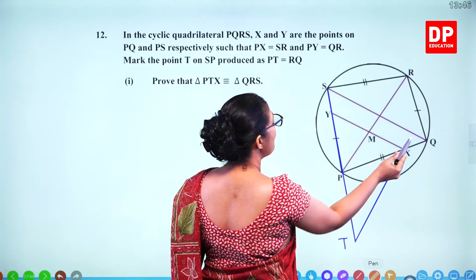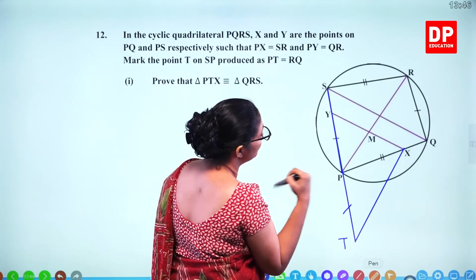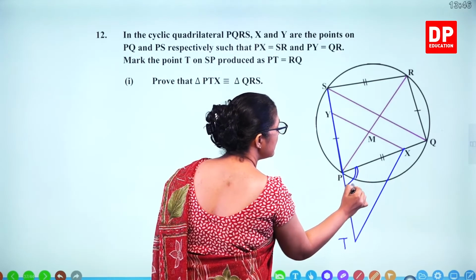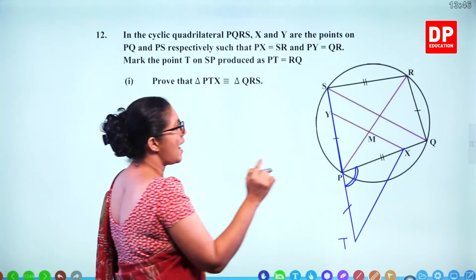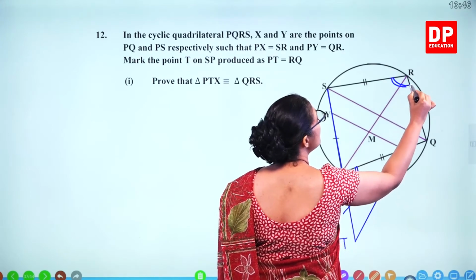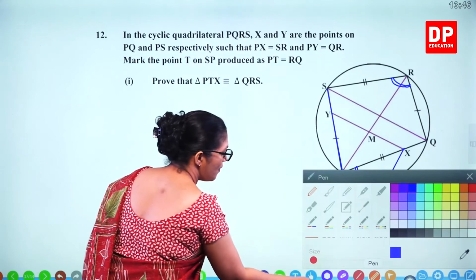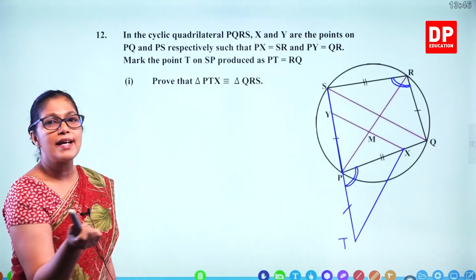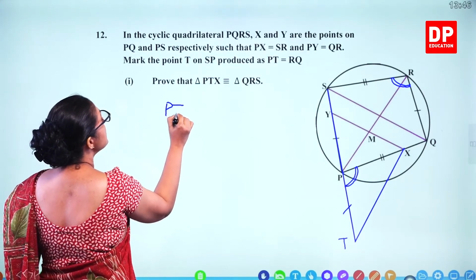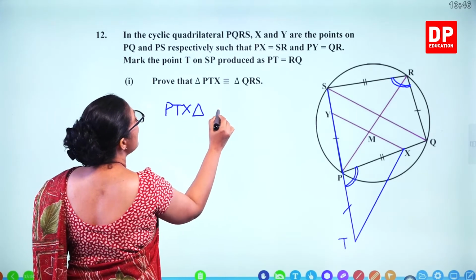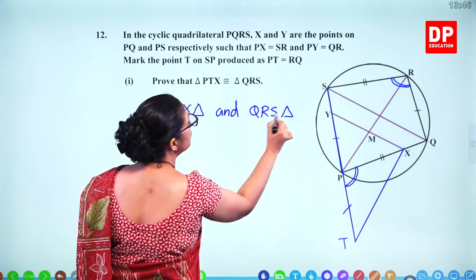Look carefully. 2 lengths are equal, and what else? This angle is the exterior angle of the cyclic quadrilateral, and this angle is equal to this one, opposite interior angle. So that means 2 sides and included angle, 2 triangles are congruent. PTX triangle and QRS triangle.